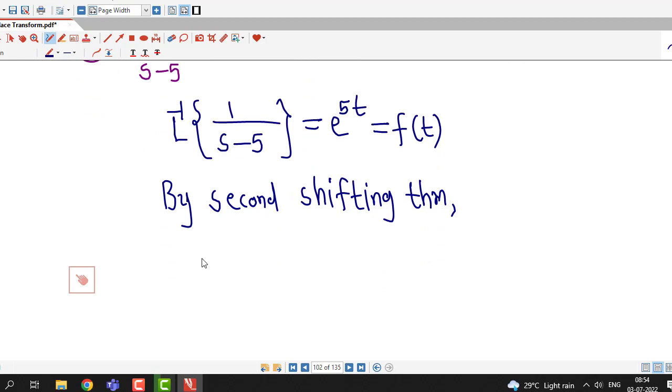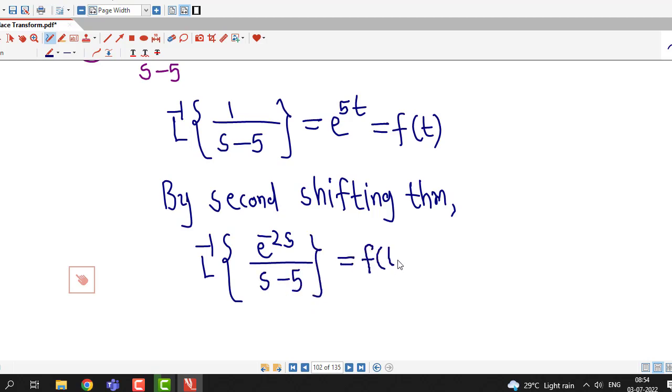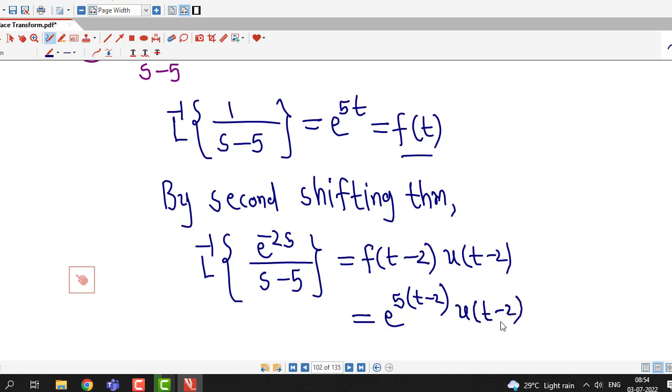So by second shifting theorem, L inverse of e raised to minus 2s divided by s minus 5 is equal to value of function f at t minus 2 multiplied with unit step function at t minus 2. f of t is e raised to 5t, and therefore f of t minus 2 will be e raised to 5 times t minus 2 into u of t minus 2.